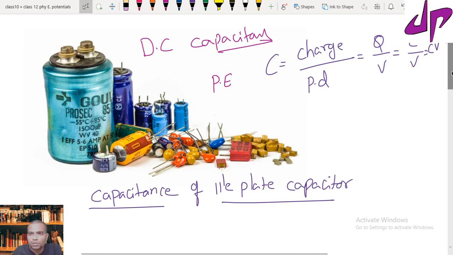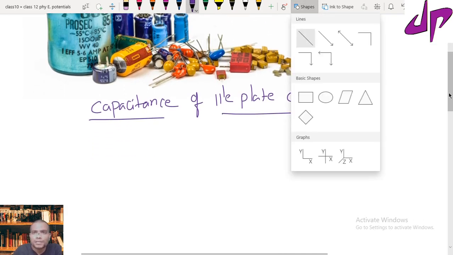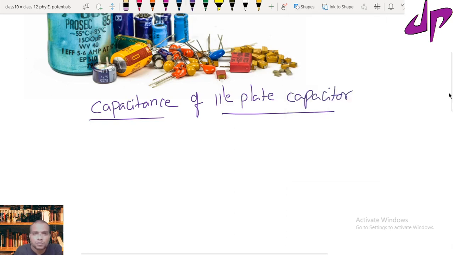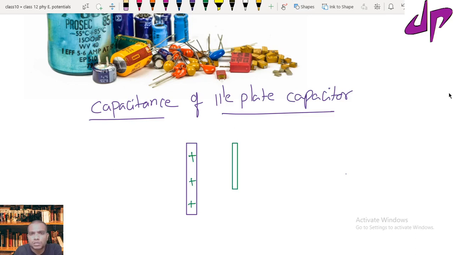Let's recall what a parallel plate capacitor is. A capacitor is a setup. Here, with parallel plates, I need one charged plate. Let me take this as a positive charge, and another plate which has negative charge.